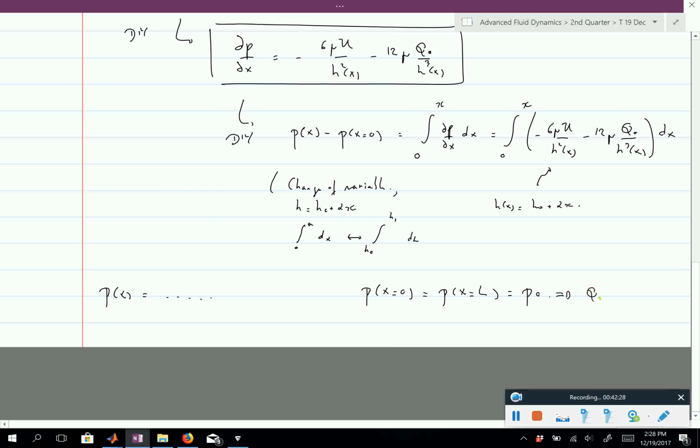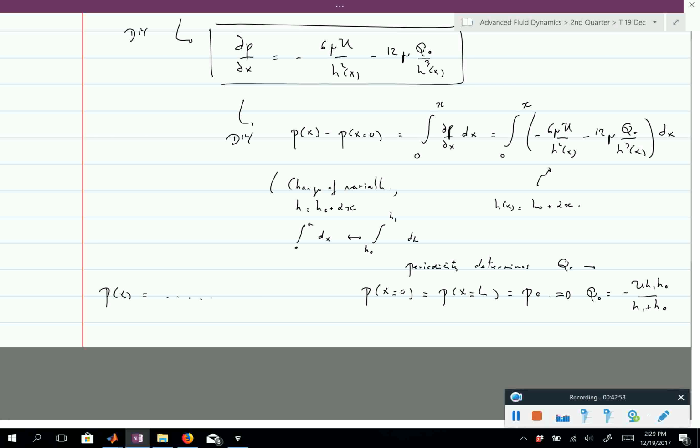Q naught is equal to minus U H1 H0 divided by H1 plus H0. So the periodicity determines Q naught. And note that Q naught is still dependent on H naught. We still don't know what H naught is.